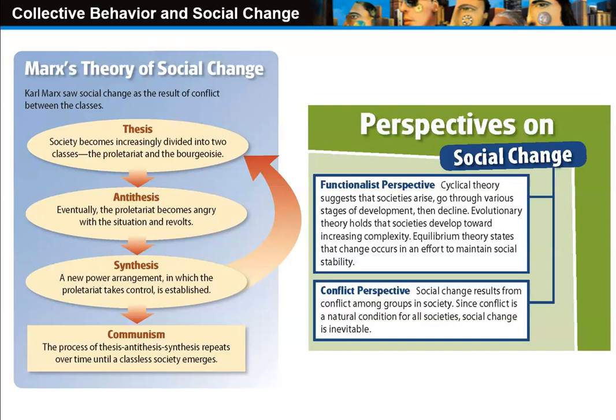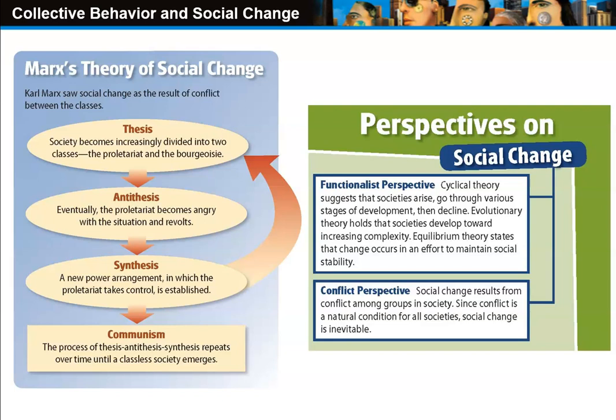And the synthesis is the new power arrangement in which the proletariat takes control and is established as the new power elite. And this process of thesis, antithesis, synthesis repeats over time until finally we end up with a classless society.